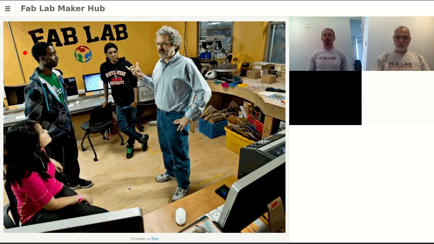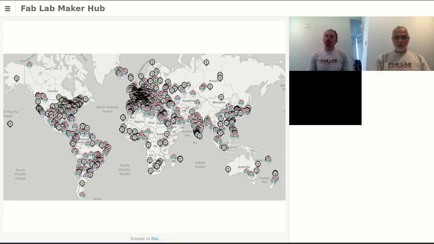So from that first Fab Lab, other Fab Labs started developing around the world, and they developed this idea that if you have a Fab Lab in one place that has a certain prescribed set of tools and processes, and you have a Fab Lab in another area, then I should be able to just send you the files for the thing that I'm making, and you will be able to recreate that.